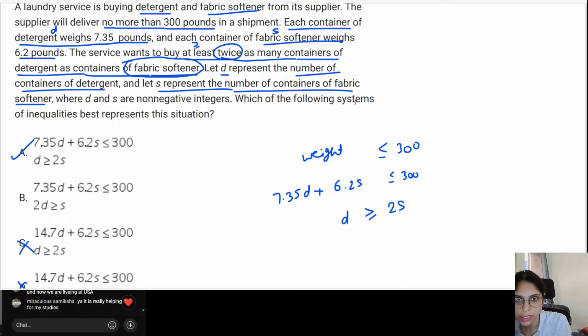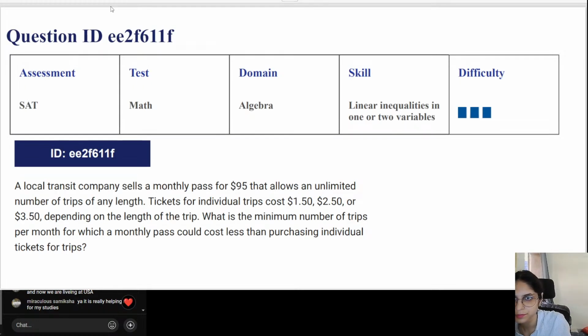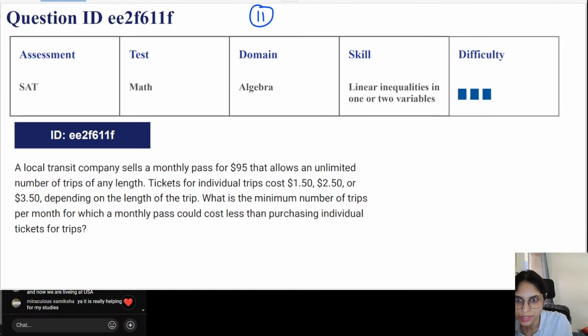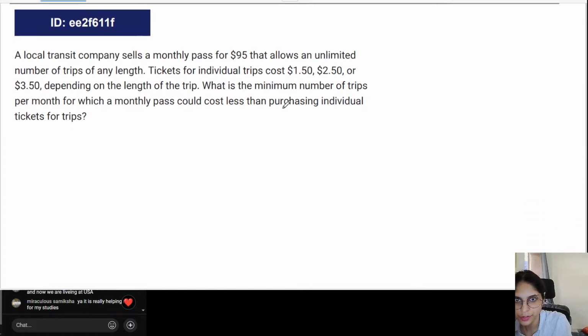Next one is question number 11. A local transit company sells a monthly pass for $95 that allows an unlimited number of trips of any length. Tickets for individual trips cost $1.50, $2.50 or $3.50, depending on the length of the trip.